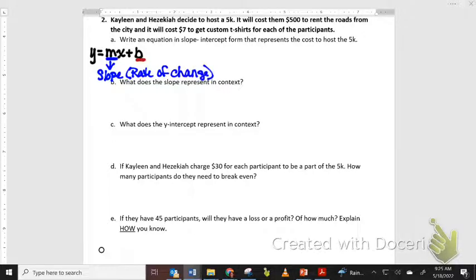I would be looking for a keyword here, for each, for every, per, showing me that it's occurring over and over again. What does B mean here? The starting amount, the initial, the y-intercept.